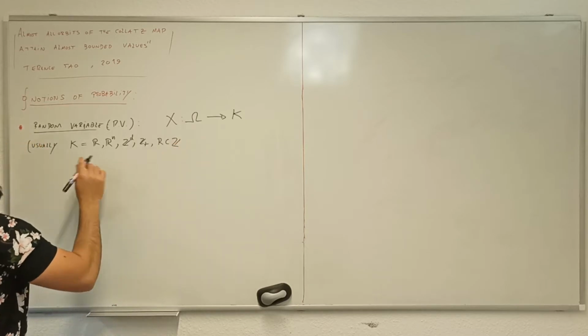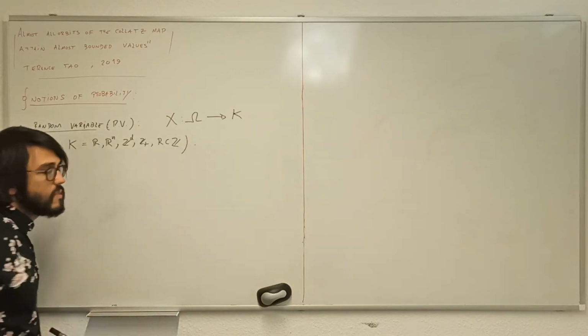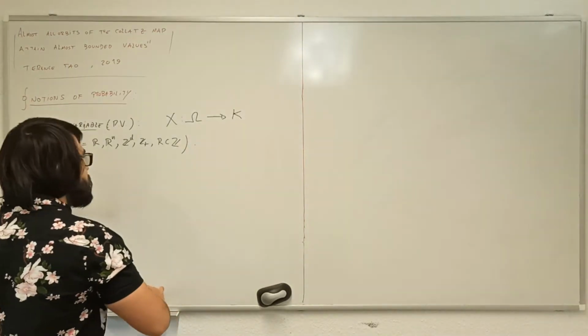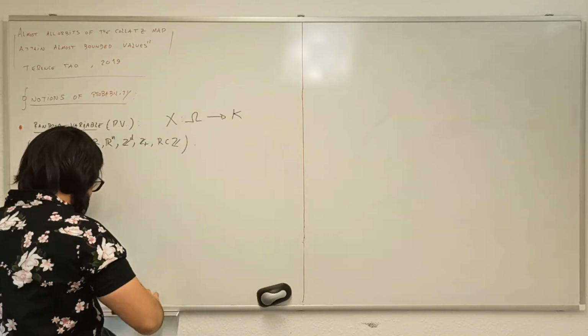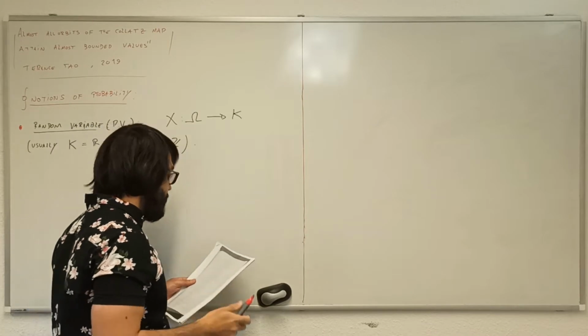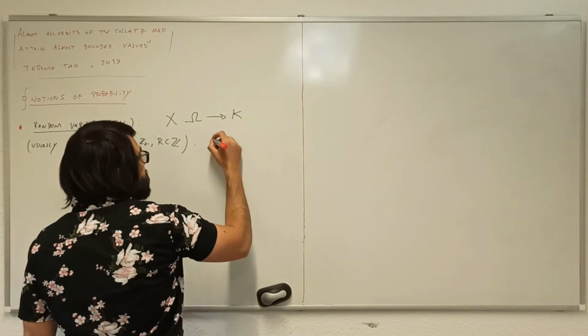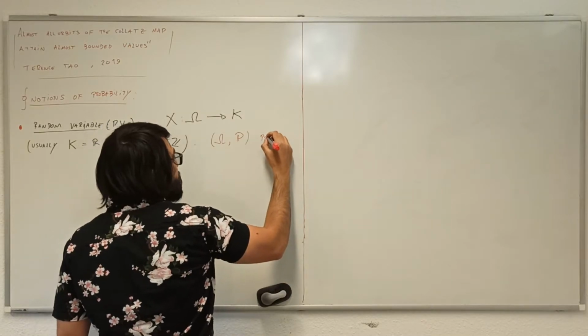So it could be all those things. Okay. So that's usually the case. You can define a random variable for arbitrary measure spaces here, but that's not what we're going to be using. So an Omega here is just a probability space.